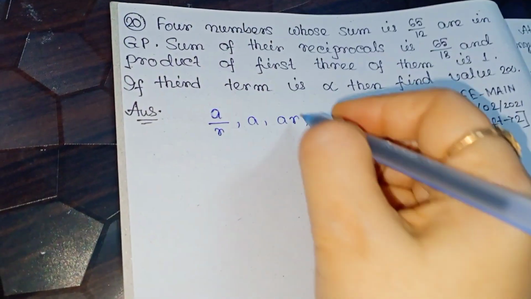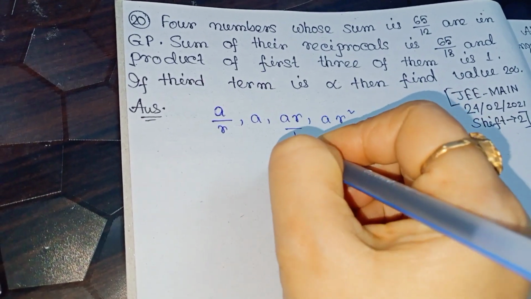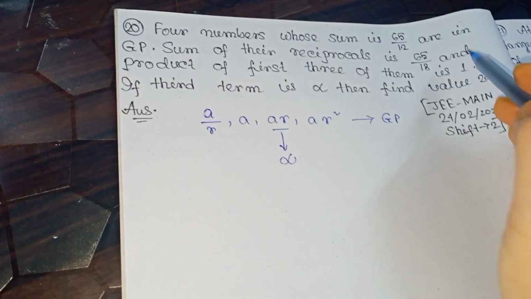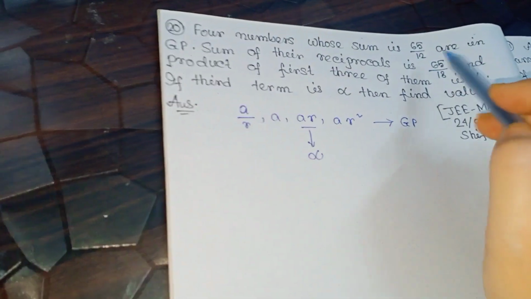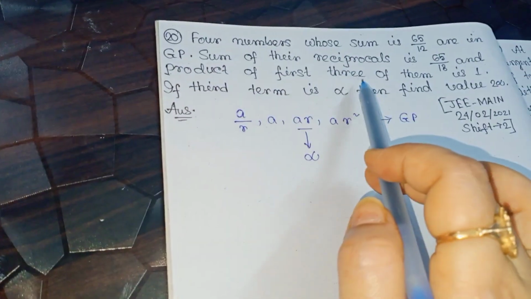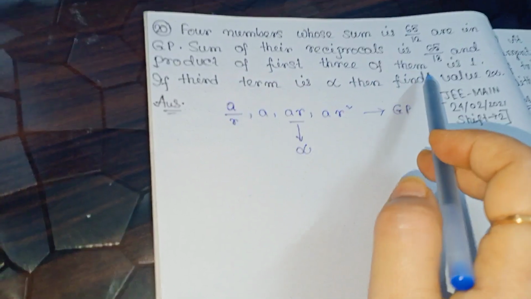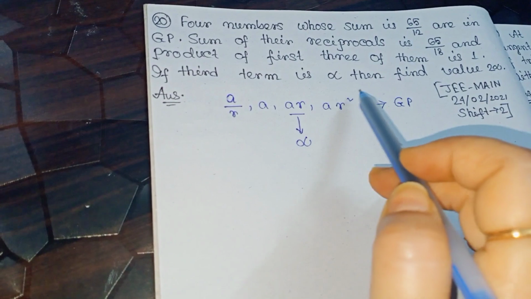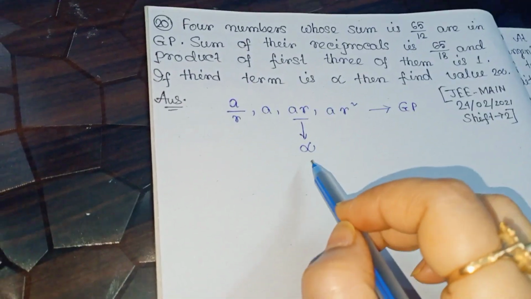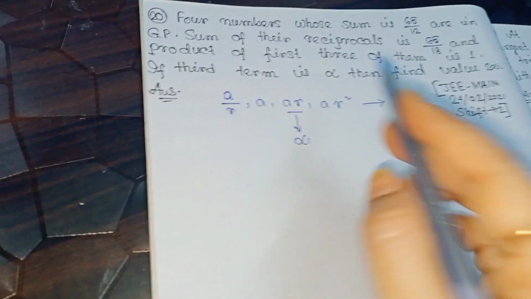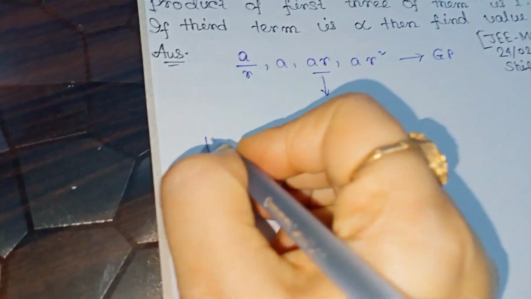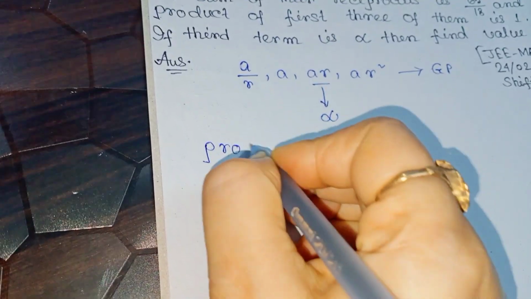And this term is alpha as described in the question, that is the third term. So alpha is our third term. Now product is given.